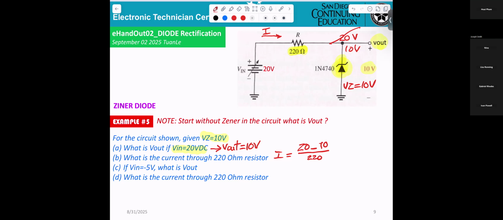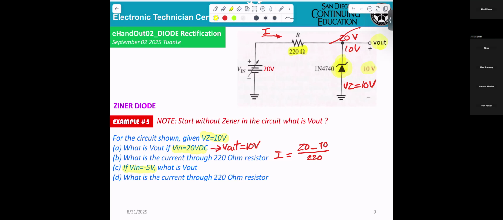Okay, any question up to this point? If not, go to the next one. If V in is 5 volts, what is V out? 5 volts.